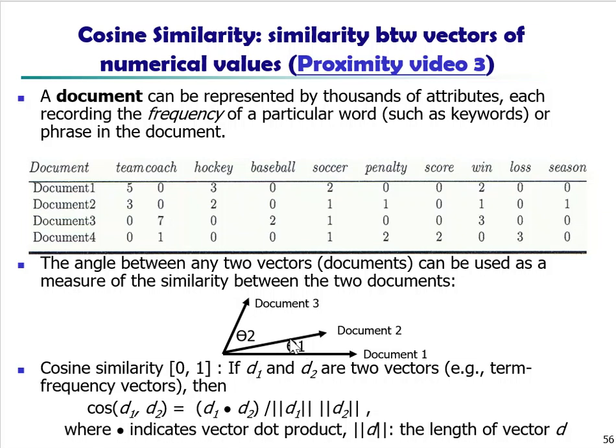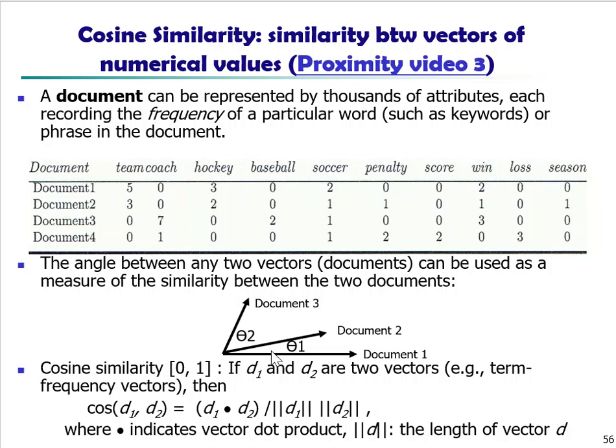going to be different. The angle is actually determined by the similarity of term distribution of document 1 and other documents. If document 1 and document 2 have exactly the same term distribution, so every term that occurred in document 1 also occurred in document 2, and if they also occurred at exactly the same frequency, we will see that document 1 and document 2 are going to overlap.